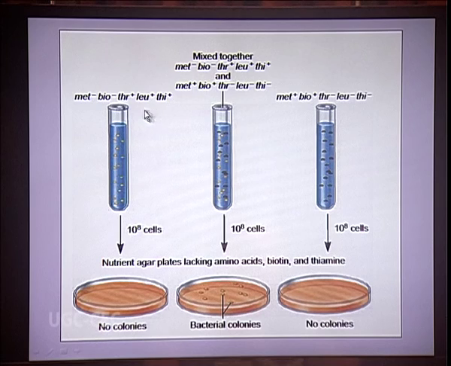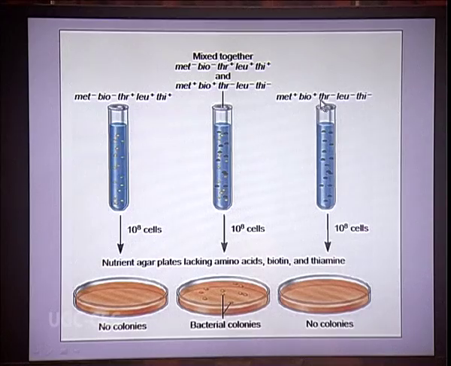It means this is an auxotroph which needs methionine and biotin to be supplied in the minimal media for its growth. On the other hand, the other strain was methionine plus, biotin plus, threonine minus, leucine minus and thymine plus. It means these three things are to be supplied for its growth on the minimal media.